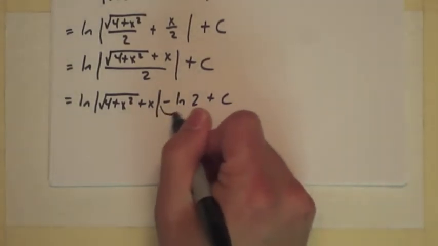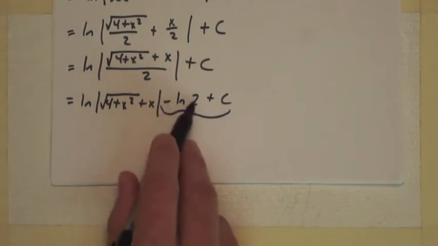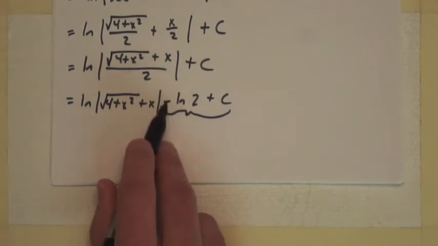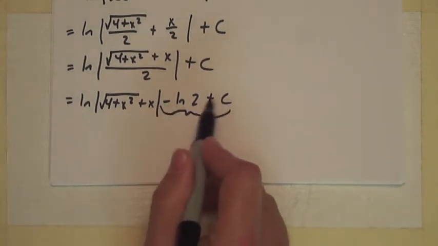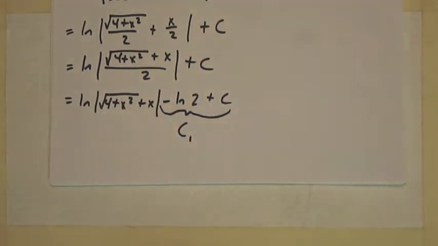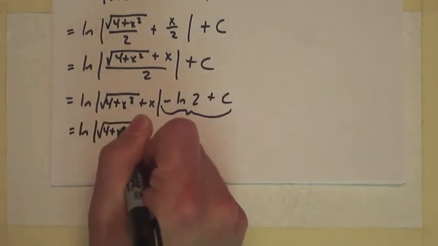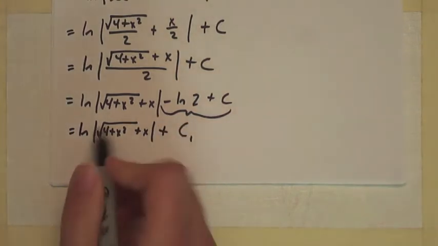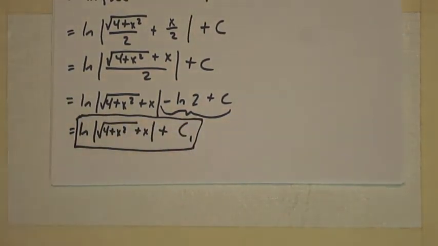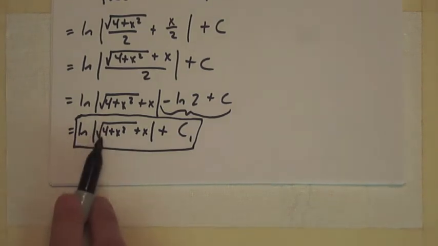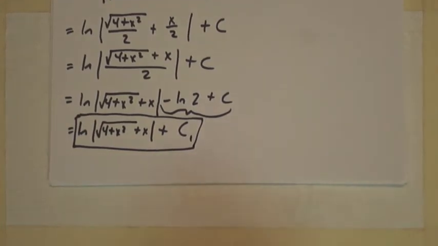And this thing, negative natural log 2, that's just a constant, like negative 0.69 something. So this constant can be swallowed up with this constant and just called some new constant, let's say c1. So what happens is in effect, the divided by 2 has just disappeared, and that's your final answer. Natural log of the square root of 4 plus x squared plus x, plus some constant.